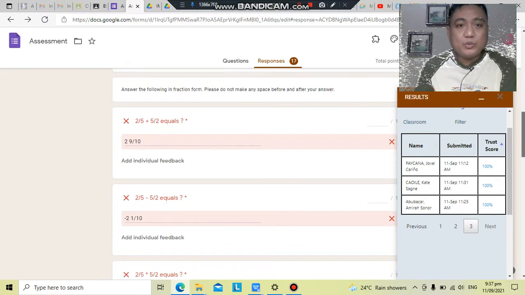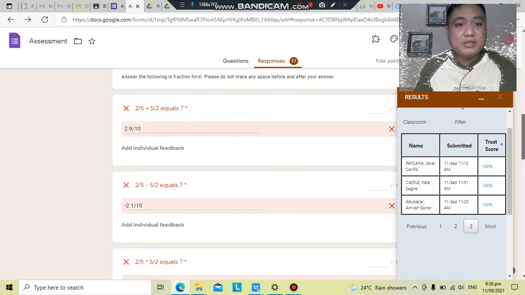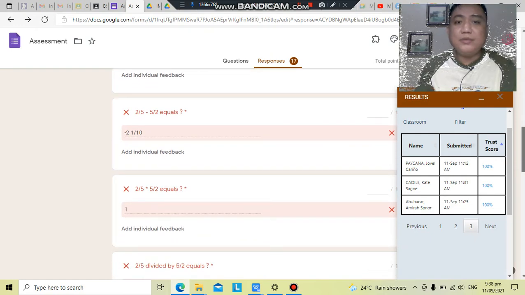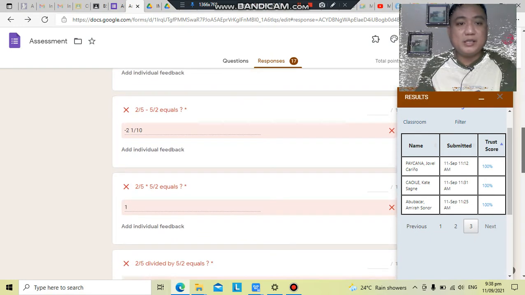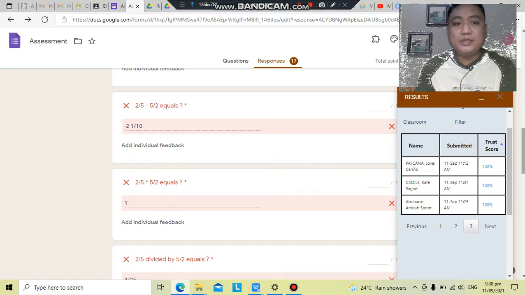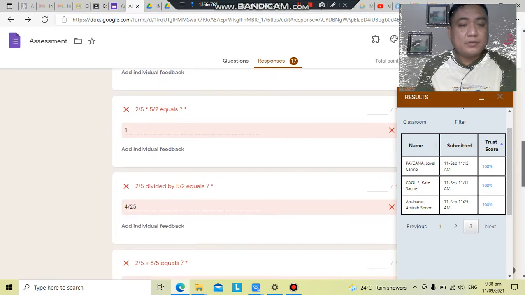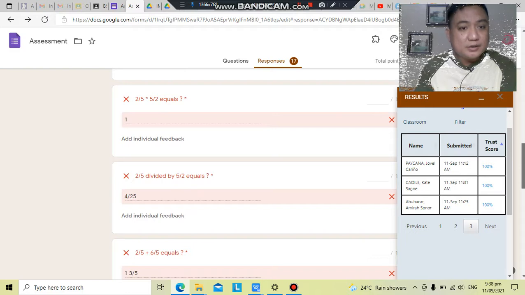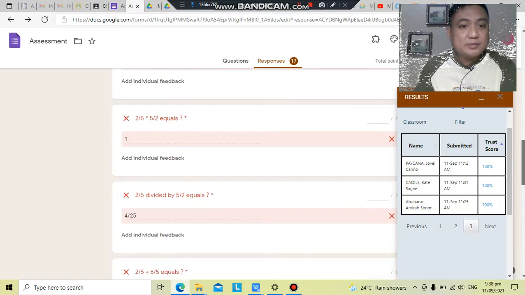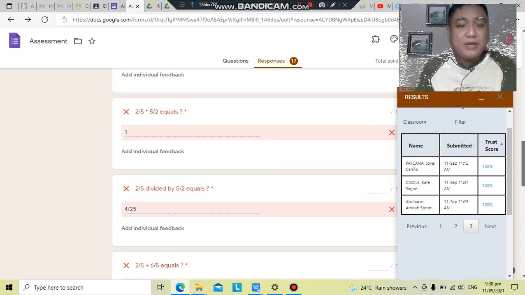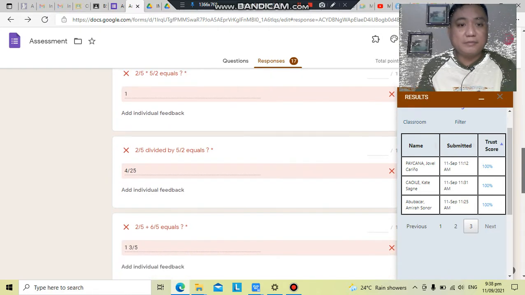Okay, so 2/5 plus 5/2, the answer is 2 and 9/10. For 2/5 minus 5/2, the answer is negative 21/10. For another computation, 2/5 times 5/2, that is 1.